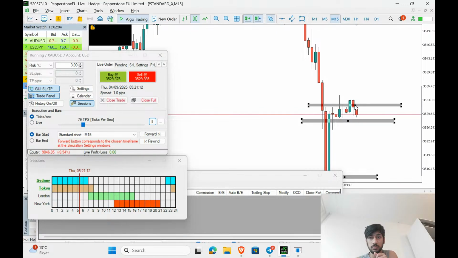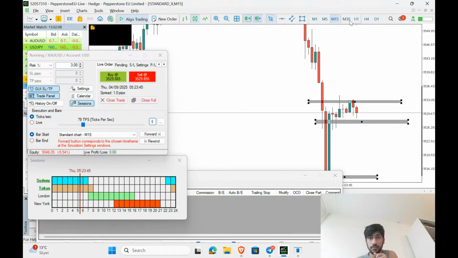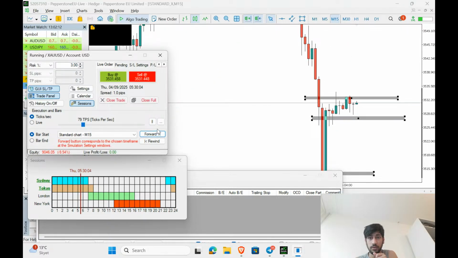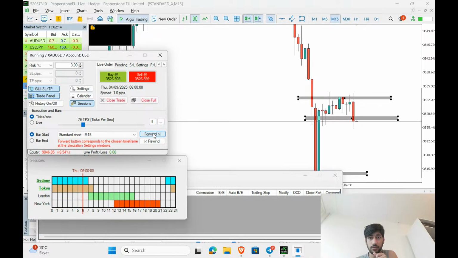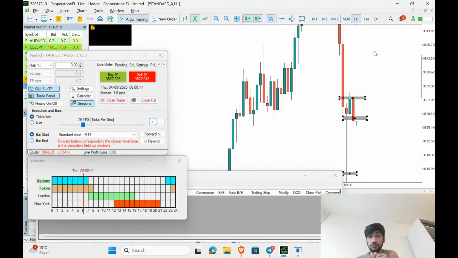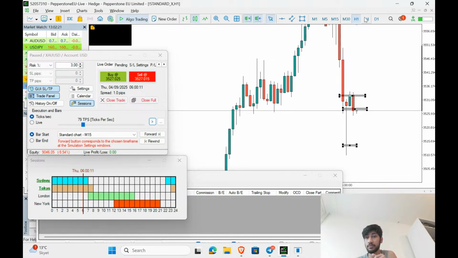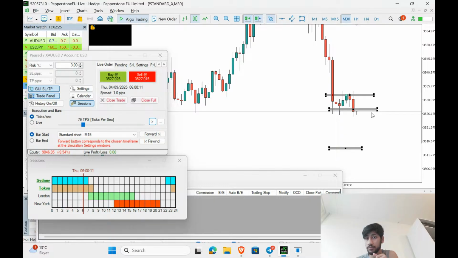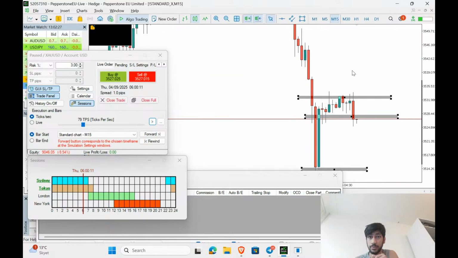Just super consolidation. H1 we just closed bearish. We have range to fill. H4 we are coming down. M30 we closed bearish. M15 we are bearish.